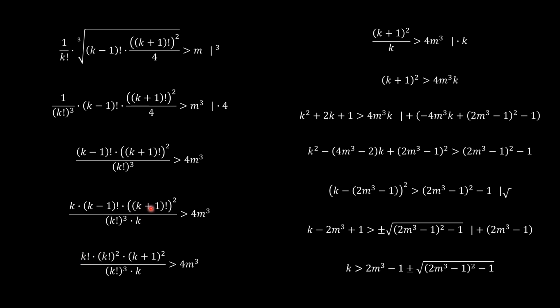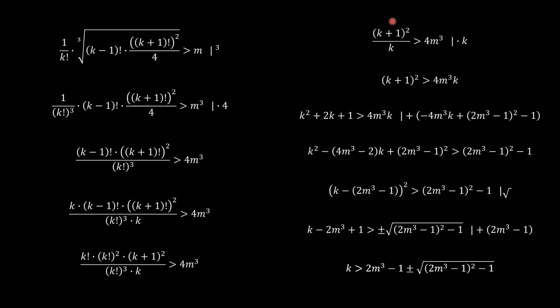Also, this k plus 1 factorial is just k plus 1 times k factorial, and if we plug that in, we get this term on the top, and k factorial to the third is here in the numerator and in the denominator as well, so we can just cancel those out. And then we get k plus 1 squared over k is bigger than 4 times m to the third.